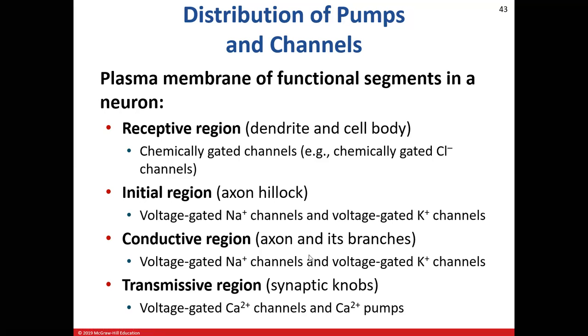And then we have the transmissive region of the neuron, and this is at the synaptic knobs. And here we have our voltage-gated calcium channels as well as our calcium pumps in order to help to release our neurotransmitter from the neuron itself.